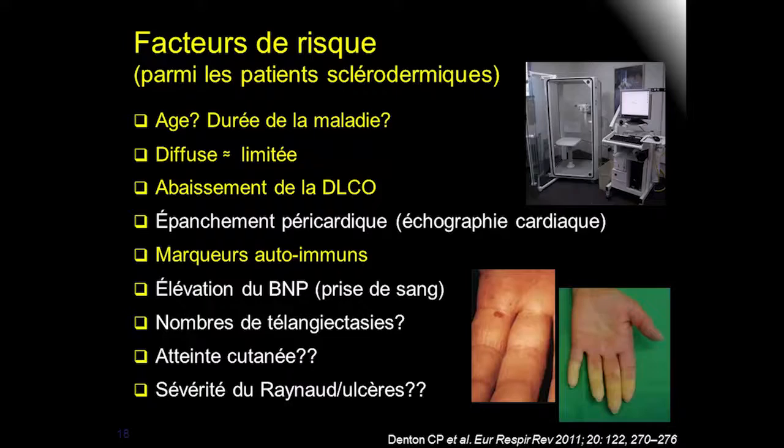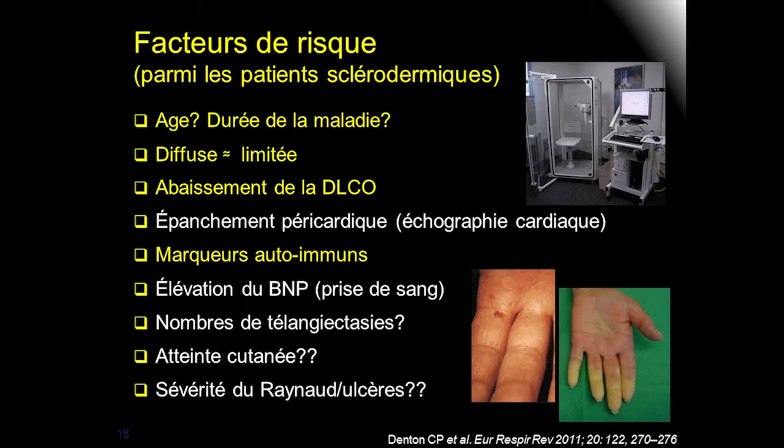When we look at the risk factors among scleroderma patients, we see some small signs, but there's no reliable marker that allows us to predict reliably who will go on to develop PAH and who won't.